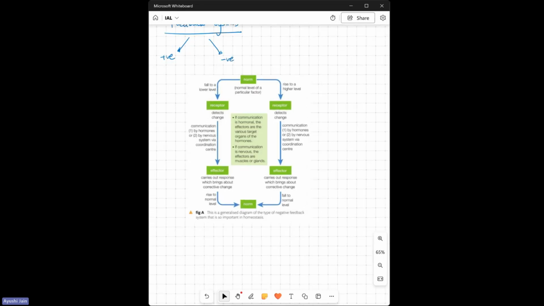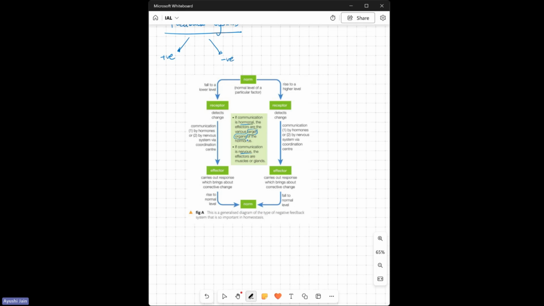So if you look at this flow chart over here, first of all, for the communication, you have hormonal communication and nervous communication, like we discussed. If the communication is through hormones, then you will have target organs for those hormones that will carry out this mechanism.